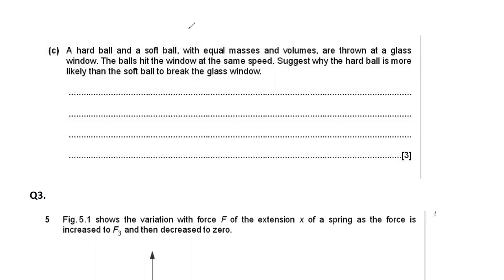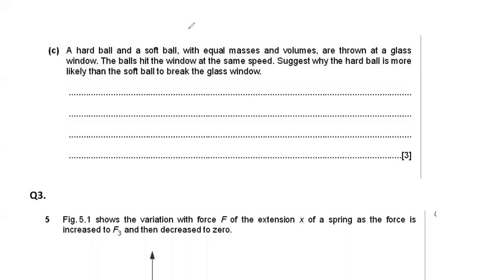But for the hard ball, since it is not going to deform that much, only a very small portion of the kinetic energy will actually turn into strain energy. So the hard ball is going to have greater kinetic energy compared to the soft ball, and that is why it is going to do more damage.